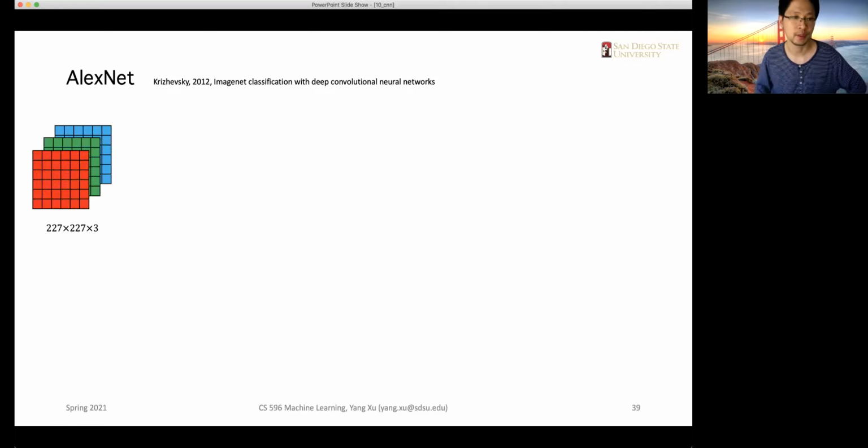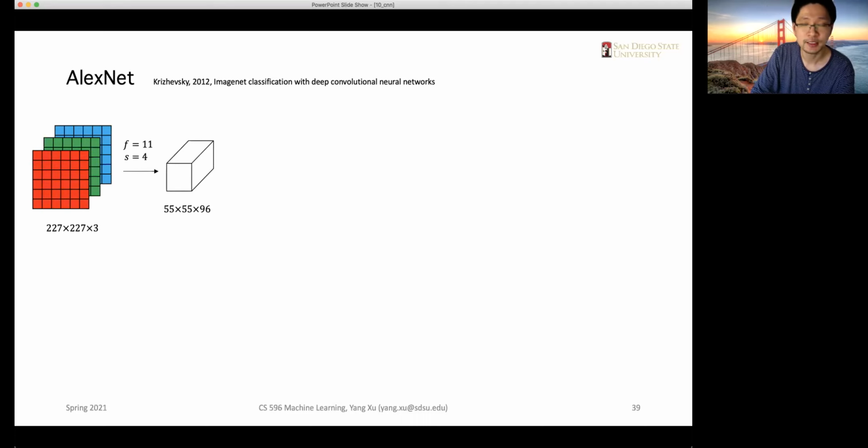Say we have 227 by 227 by 3 input images. That's the image size in the ImageNet dataset.